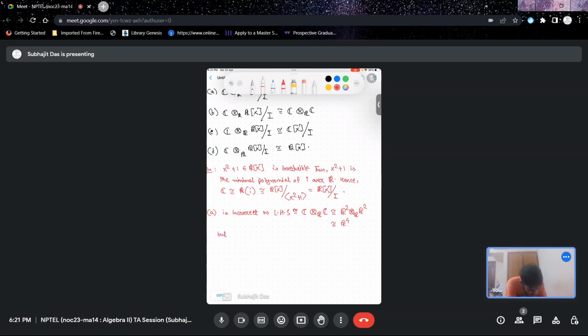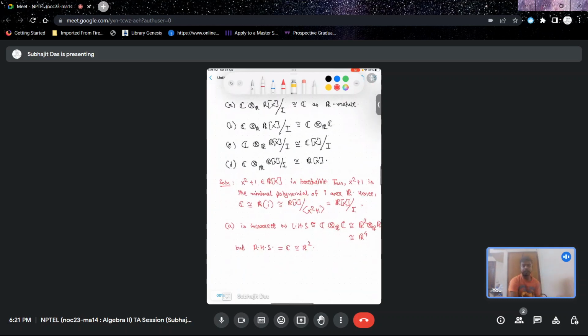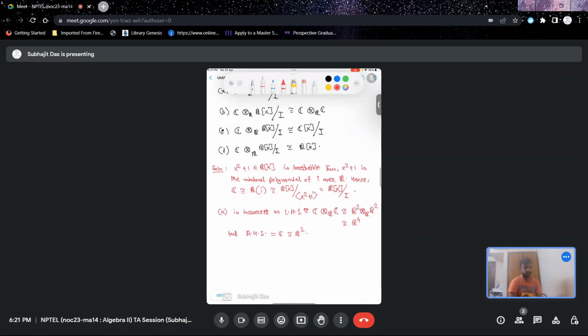But the right hand side is exactly equal to C, which is isomorphic to R square. And you know that R square and R power 4 cannot be isomorphic because they are R vector spaces, their dimensions are different, they can't be isomorphic.